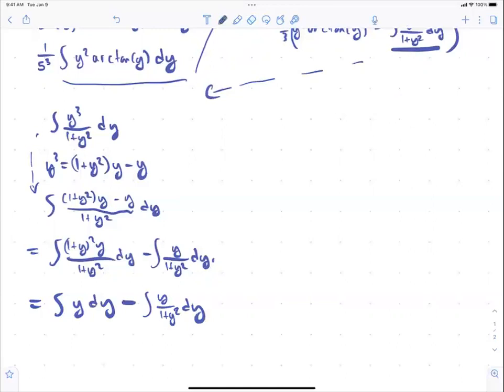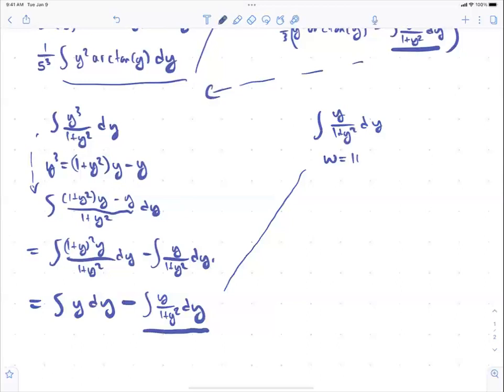Let me just actually do this with a substitution. So let me do this one over here. So for this integral I have to do, I'm computing the integral of y over 1 plus y squared dy. Let me set w equal to 1 plus y squared, and then dw is 2y dy.